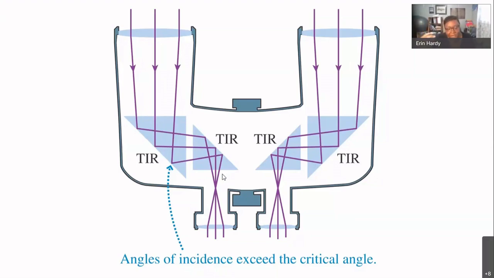You can design those prisms, based on what they're made of and what their dimensions are, so that none of these light rays is capable of refracting back out into air. They're all going to be reflected completely on the interior of the prism.